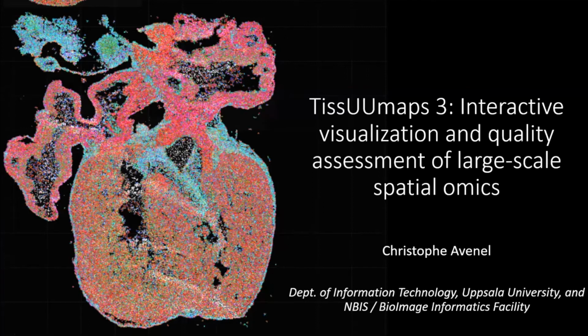This tool is for interactive visualization and quality assessment of large-scale spatial omics. There is a bioRxiv paper on the tool if you want to read it, but I will show you today how to use it, how to install it, and what you can do with it to display images, but also different kinds of data.